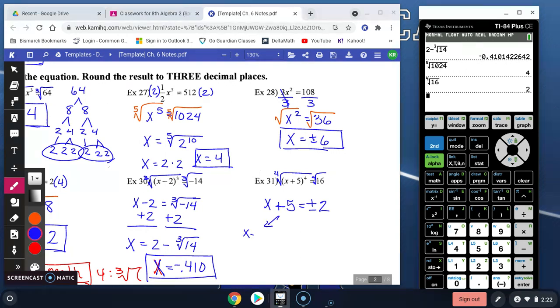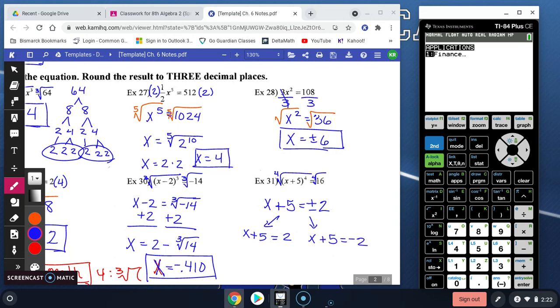So you're going to have x plus 5 equals 2, and then you're going to have x plus 5 equals negative 2. Okay, so subtract 5 from both sides. x is negative 3, and then same thing here, and x is negative 7. So there are your two solutions.